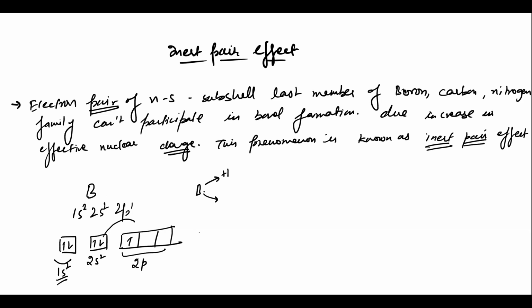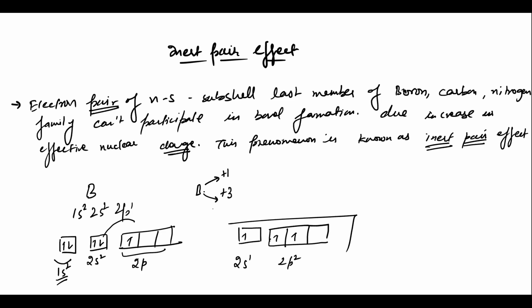When it jumps, it will be in an excited state: one electron from 2s jumps into 2p, so it becomes 2s1 and 2p2. This has 3 unpaired electrons and will be considered as +3. You understood?